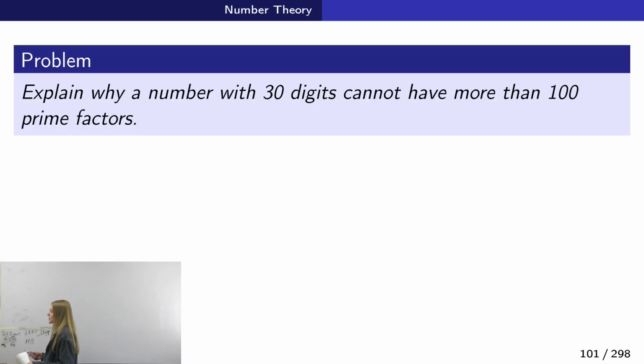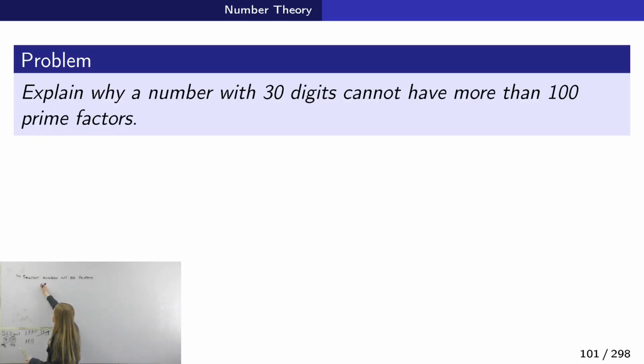Explain why a number with 30 digits cannot have more than 100 prime factors. Basically, if we think about the smallest number with 100 prime factors, does anyone have intuition for what this would be?